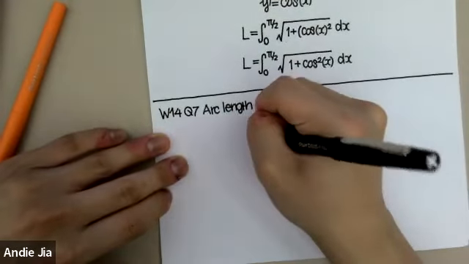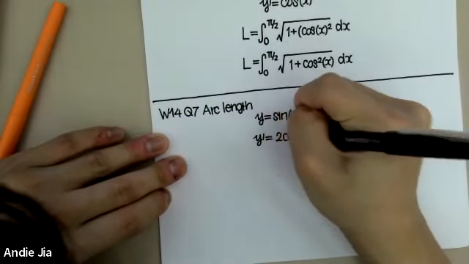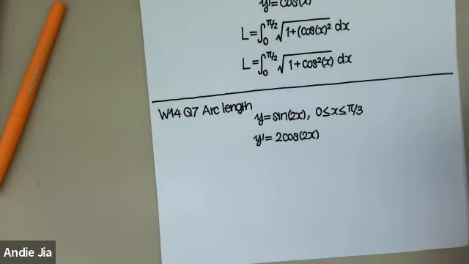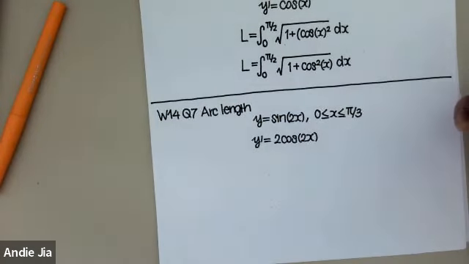So we find the derivative by the chain rule again, so it's going to be 2 cosine of 2x. There's no need to change the bounds because you're given the interval, and you need to set up the arc length integral.